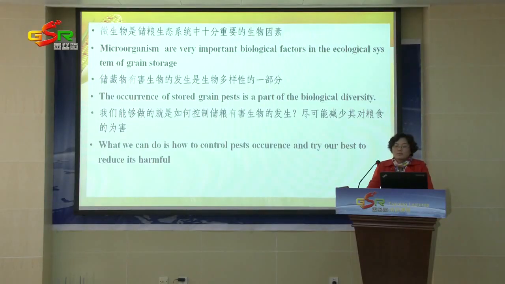So we know the occurrence of storage grain pests is a part of biodiversity. Why do we refer to this? Because when we want to control pests, most of us want to kill them all, but we can't. What we can do is control pest occurrence and try our best to reduce its harm, not kill them off.